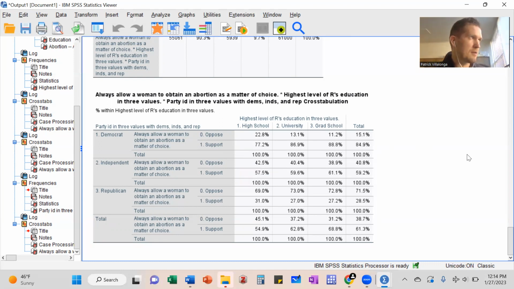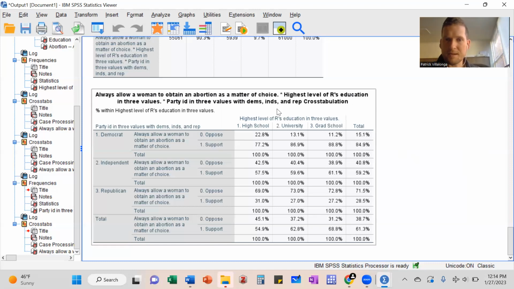Let's say this in a bit more simplified way. Education does not have an effect on Republican attitudes towards abortion, or it doesn't have a liberalizing effect. There are all kinds of ways we can think of phrasing this result, but this is the basic idea.